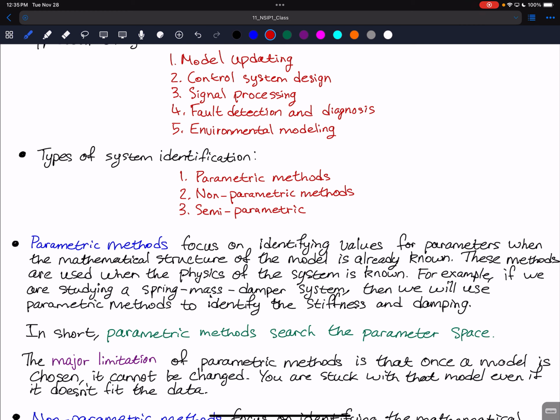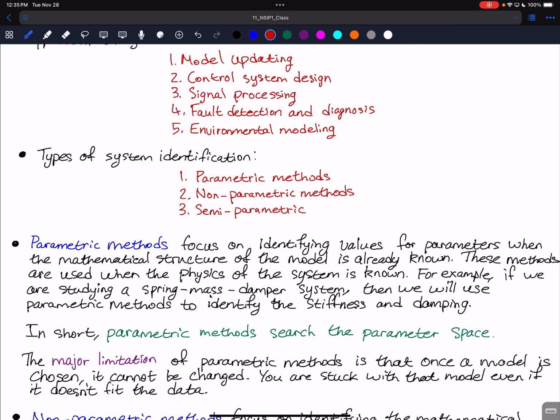And so a simple example, if you have a spring mass damper system or just a harmonic oscillator, you know that you can then use the standard equation for harmonic oscillators to model that system, and then all you need to do is identify the stiffness and damping, assuming you can measure the mass. And if you can't measure the mass, then you would identify natural frequency and damping ratio.